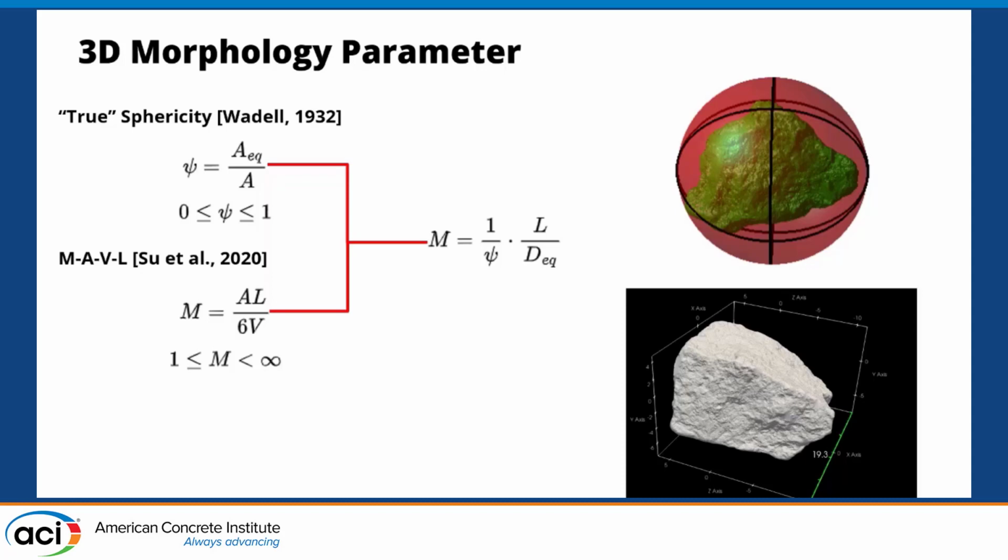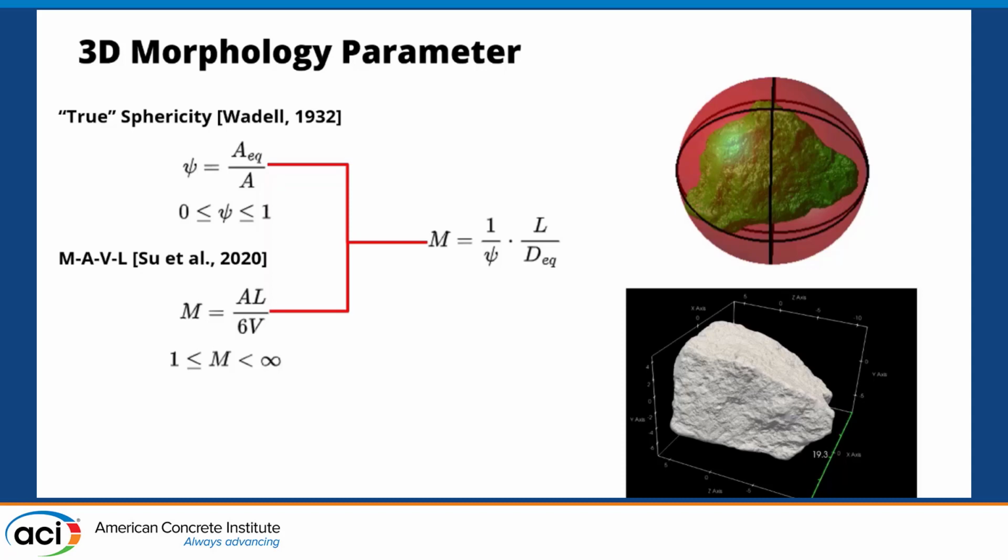But anyway, our research team figured out that this true sphericity is a pretty good parameter. However, it's not really sensitive to elongated particles. So if you have exactly the same volume of the particle, one is a sphere and the other is really, really long, Wadell's true sphericity cannot detect elongation, or differentiate those two cases.